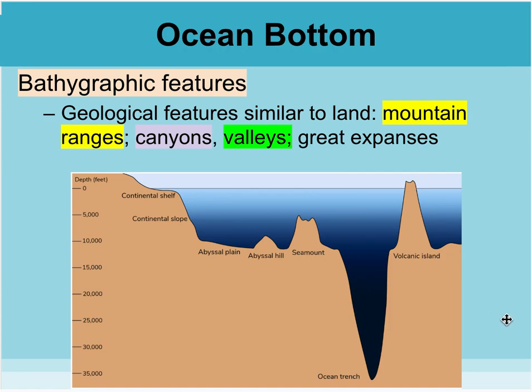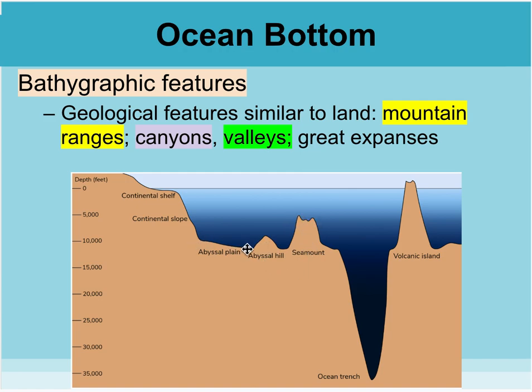So if you were to go and make maps of the ocean floor, you would be looking for bathygraphic features like mountain ranges or canyons or valleys. And you can see here, this would be a trench, this would be a volcanic island, or a seamount, which is kind of like a flat looking volcano.